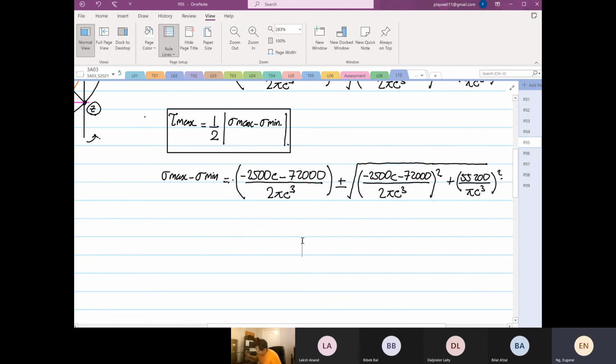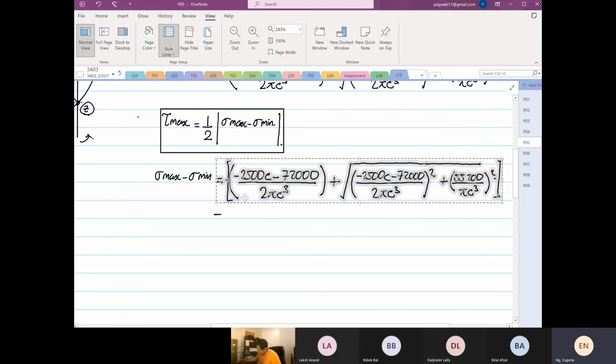So our stress max will be a plus down here. Then I put a bracket, then minus our stress mean. It's still the same thing.